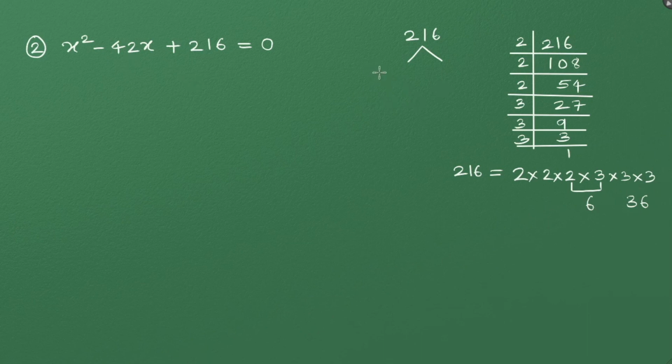So to get minus 42x, the factors must be minus 36 and minus 6, because minus 36 multiplied by minus 6 will give plus 216 and minus 36 minus 6 will give minus 42. So this is the way how with the help of prime factors you can get those two numbers.